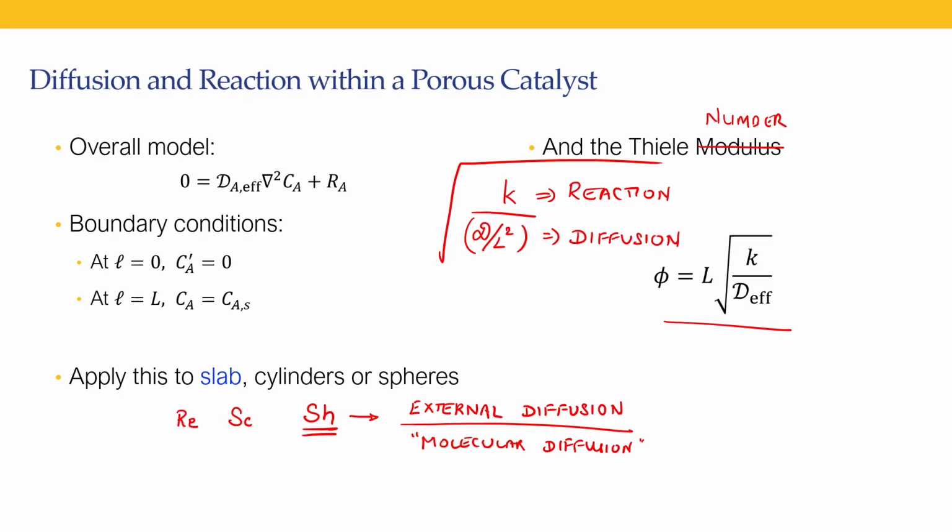So a better way to represent it would have been number, but again we have to go with the history, so therefore we will go with Thiele modulus. Just understand that Thiele modulus, just like Sherwood number, Schmidt number, and Reynolds number, is a ratio of reaction to diffusion terms. So rate of reaction to the rate of internal diffusion.